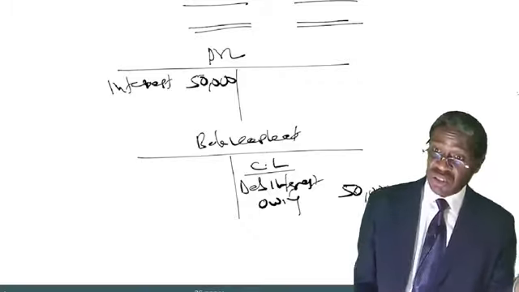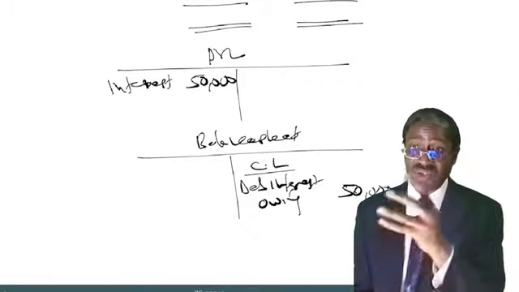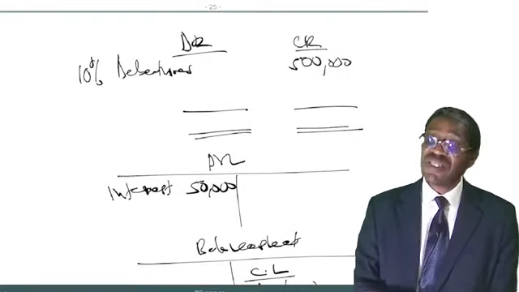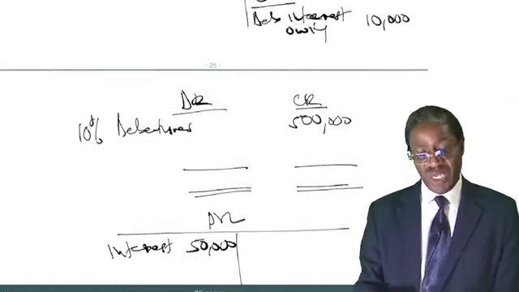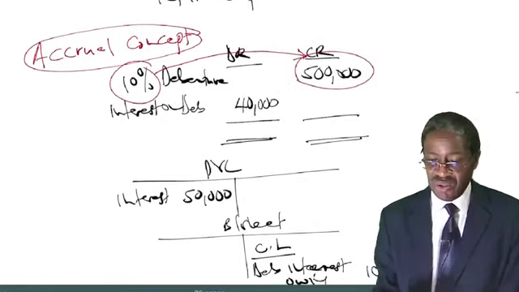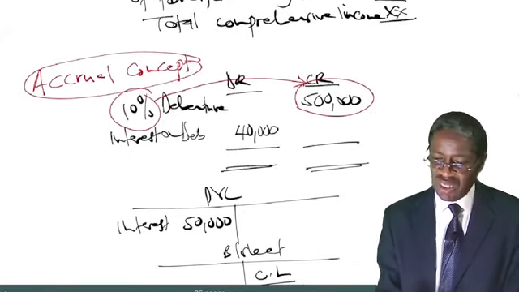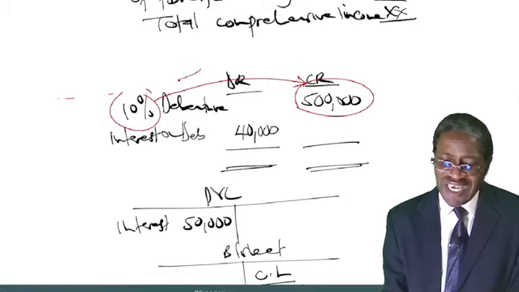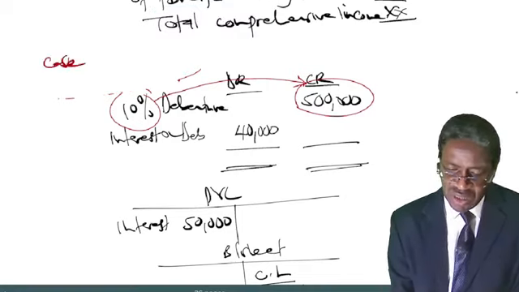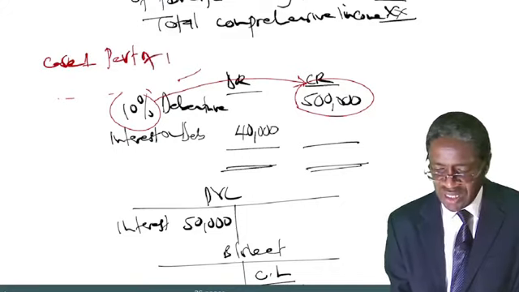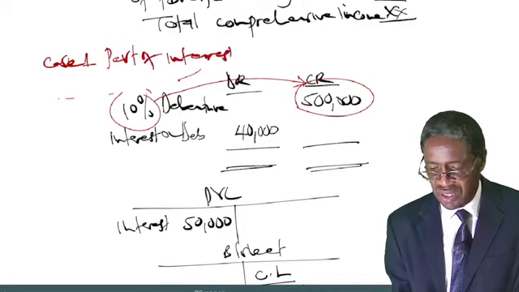In other words, interest could be on loans, it could be on debentures. It does not matter. But the point I'm trying to say is, how do you determine the charge for the year for interest? Now, our case number 1 is a scenario where part of the interest was paid.